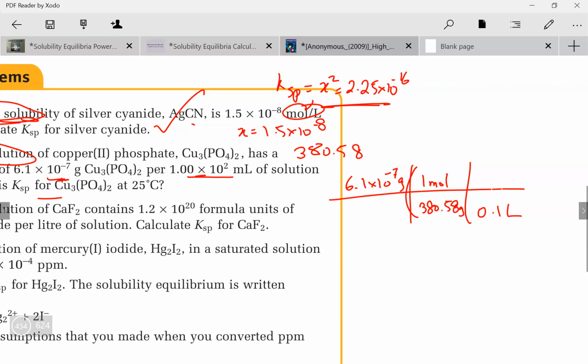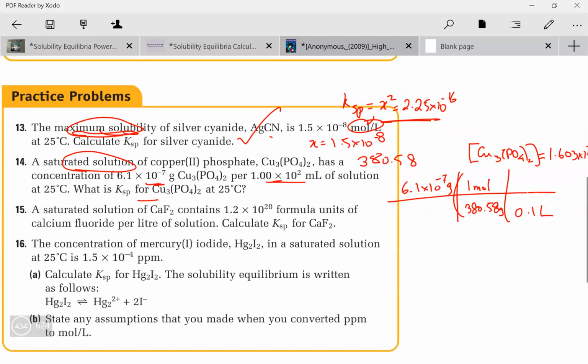This gives me a final concentration of Cu3(PO4)2 of 1.603 times 10 to the power of negative 8. That's my concentration.